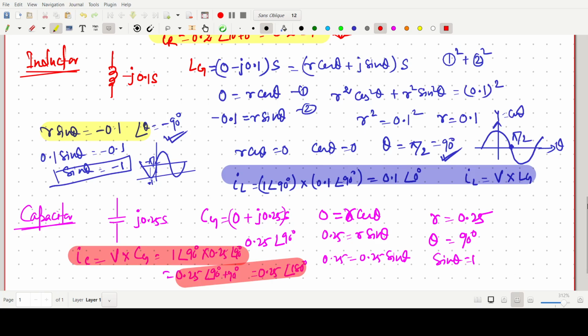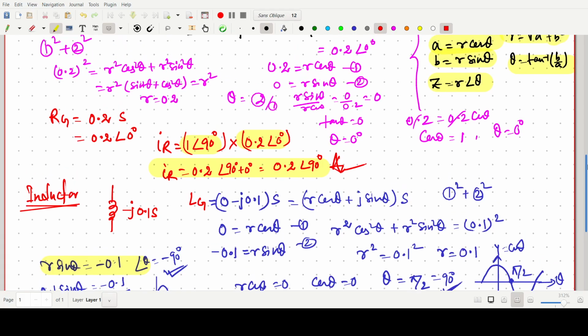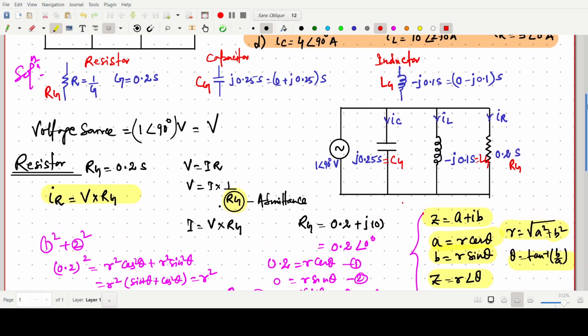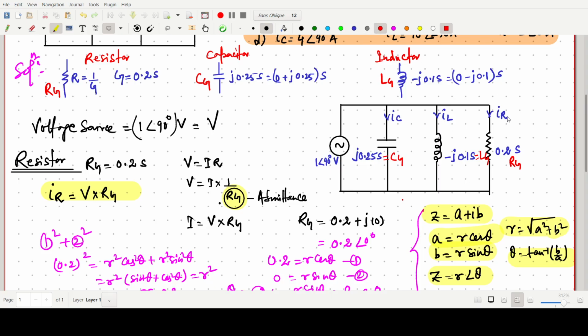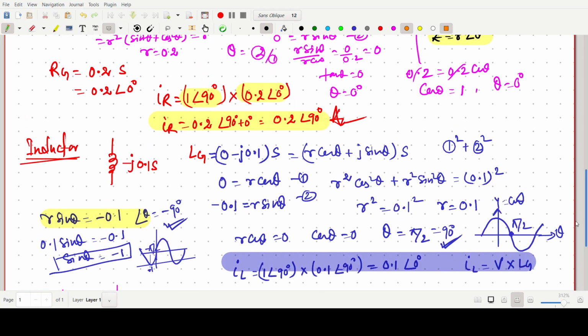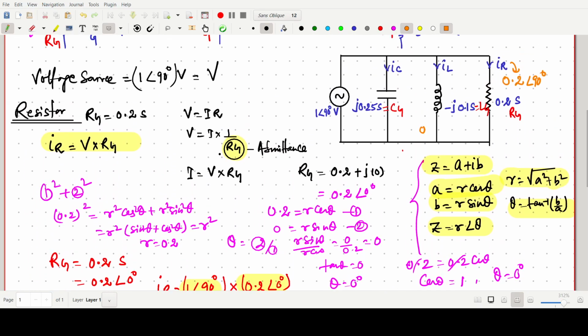Okay, so the final answer: the IR value will be 0.2 angle 90 degrees. IL we have calculated as 0.1 angle 0, and IC is 0.25 angle 180 degrees, all in amperes.